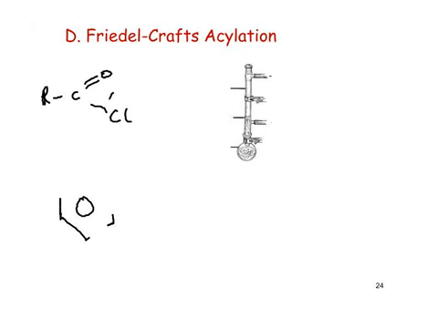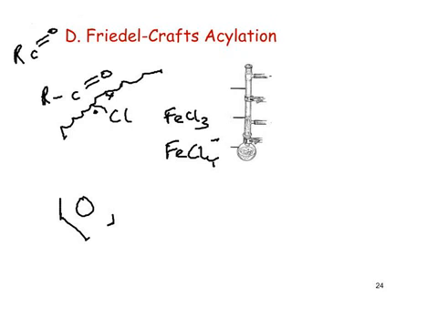And what happens here, the key thing, is it's this bonding pair of electrons here that when the FeCl3 comes in, it strips this off like so, producing FeCl4 with a minus charge. But more importantly, over here it's producing the RC double bond O with a positive charge on the carbon, since the carbon here has lost both electrons, or it's lost its share in these electrons here. Should be shown as an X, I suppose, there.